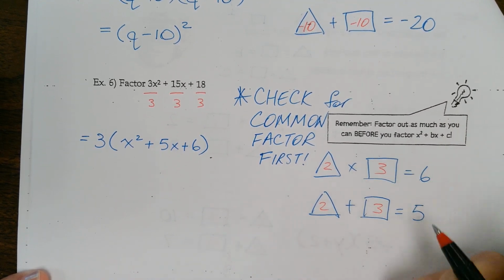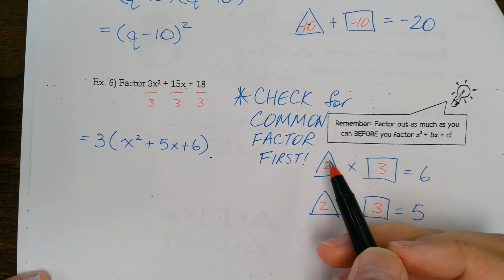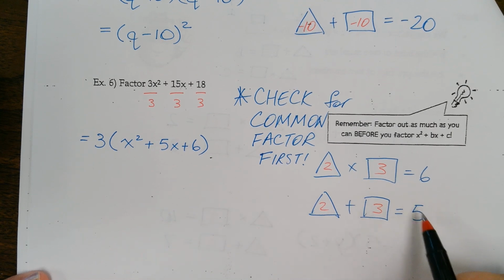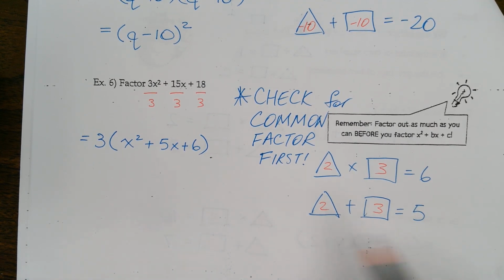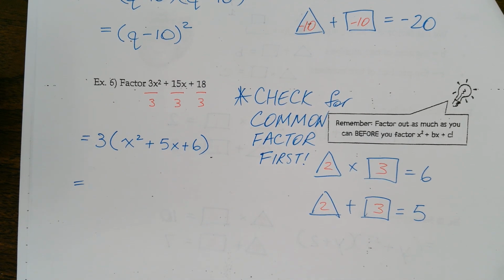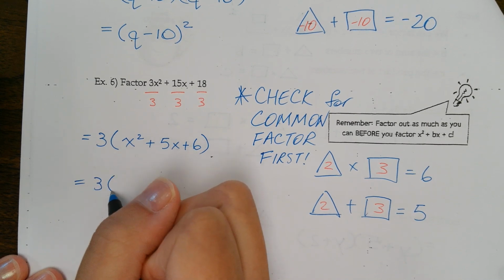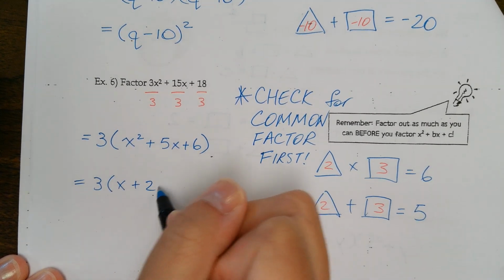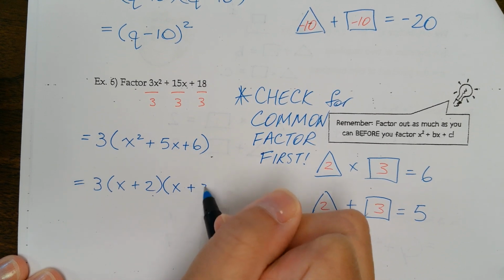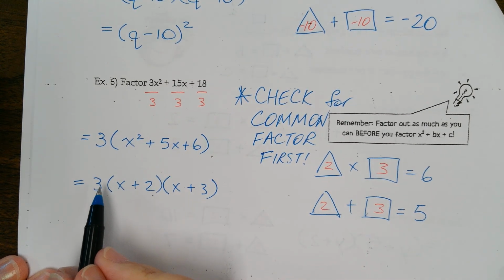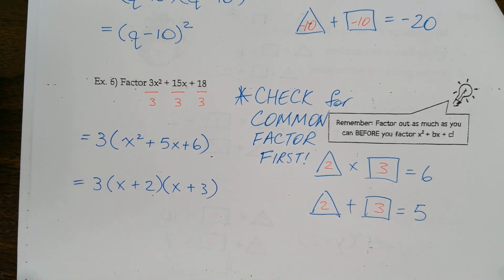And again, sometimes it takes two tries. If I did 6 and 1, 6 plus 1 doesn't give me the 5. So then I have to do a second one, 2 and 3. Yep, that works. So what's my final answer? Who can tell me? Nice and clean. Okay, Paul? 3 times bracket x plus 2 times bracket x plus 3. Perfect. A lot of people forget this 3 afterwards. So make sure you don't leave out this 3 right here.